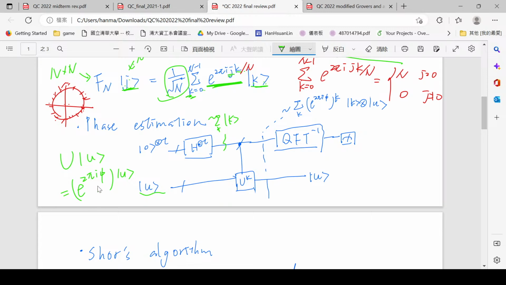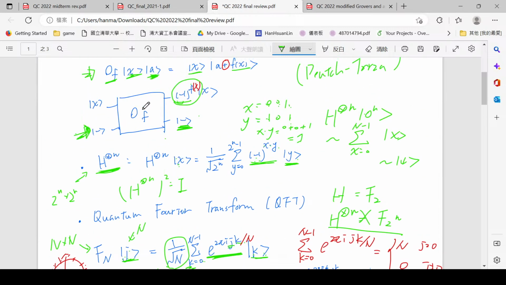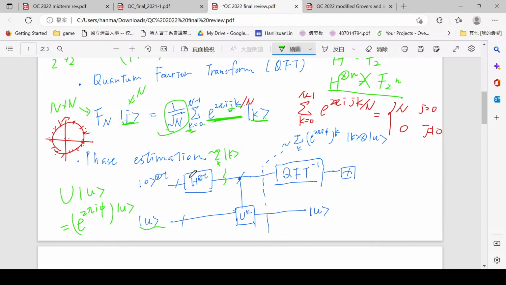And what's interesting here is really phase kickback. You can see this is phase kickback because when you apply this controlled U to the k here, each time you apply U, you get some phase e to the 2 pi i phi here. The phase is like a global thing, so you can kick back the phase onto the upper part.